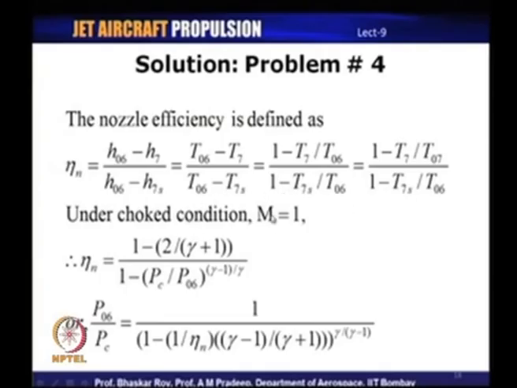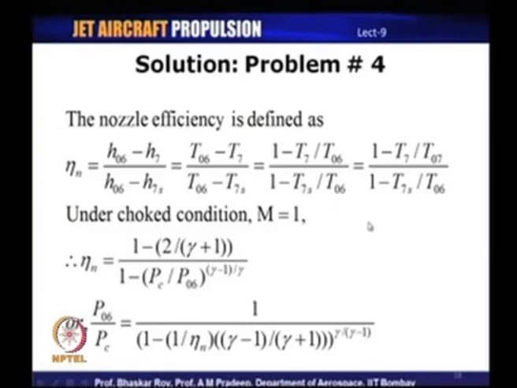Now, under choked condition, we know that the Mach number at the exit of the nozzle will become 1. So, if we substitute M equal to 1, we know that T07 by T7 will be equal to 1 plus gamma minus 1 by 2 M7 squared. So, M7 is equal to 1, and therefore, that expression reduces to 1 minus 2 by gamma plus 1.